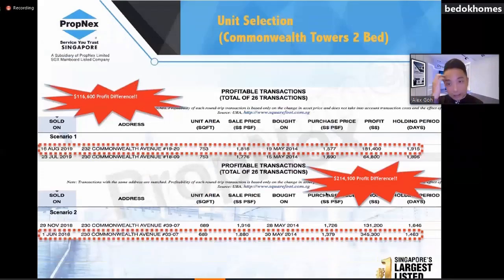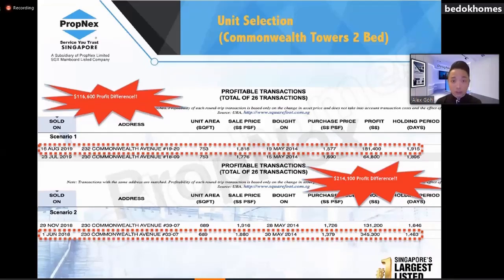Okay, so now we see, 1809 is the pool view unit, unblocked pool view, nice view, and it makes $64,000. Same size for both. 1920 is a blocked view unit, which is a unit that we usually don't want to buy, and it makes $181,000.